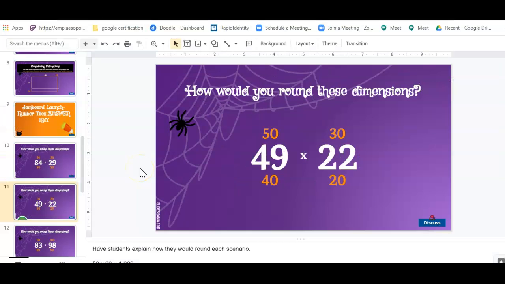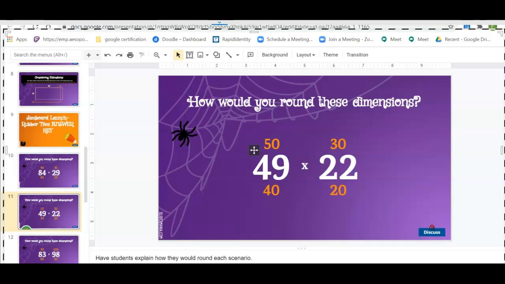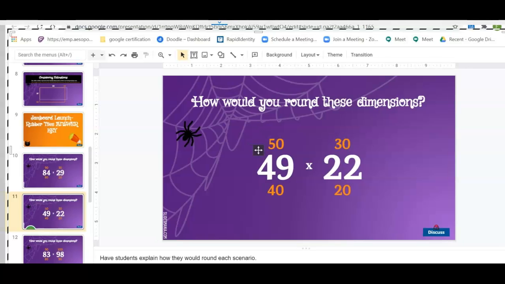So on our next one, how would you round these dimensions? The actual numbers are 49 times 22. We're going to do the same thing: I'll pause a second and give you an opportunity to work that in your notebook. So when estimating this, 49 times 22, the 49 is much closer to the 50, and the 22 right here is much closer to the 20.